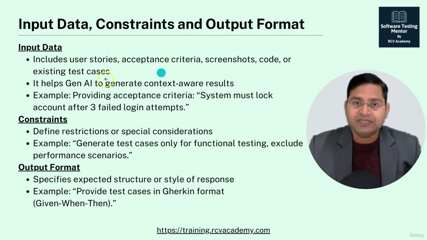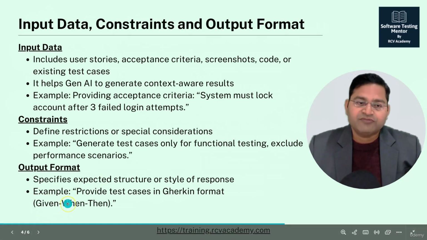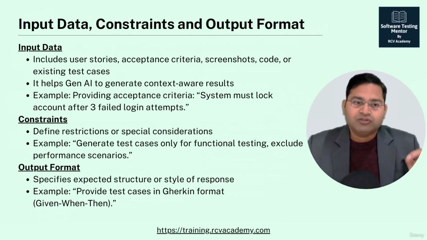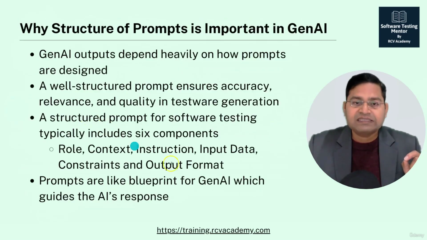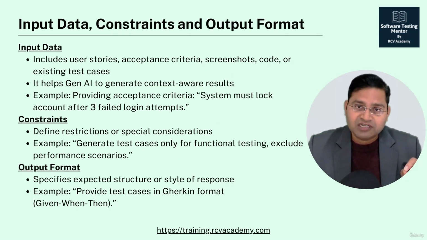If your team is storing test cases or writing test cases in the Gherkin syntax, you then specify that I want the test cases to be generated in the Gherkin syntax. Okay, so that's the output format. 6 key factors or 6 key components that are very important for the structure of the prompt in GenAI to get the absolute perfect outcome from the generative AI.